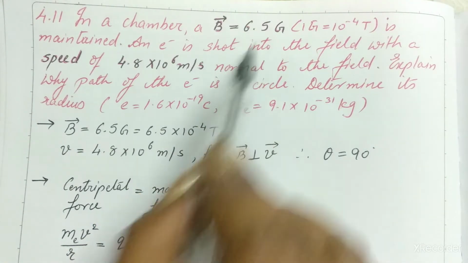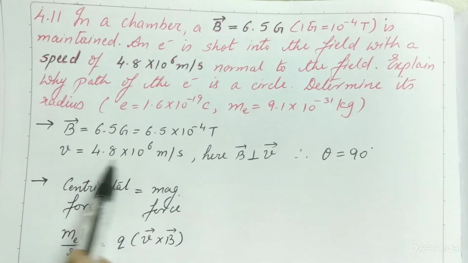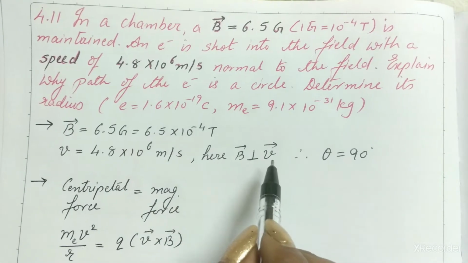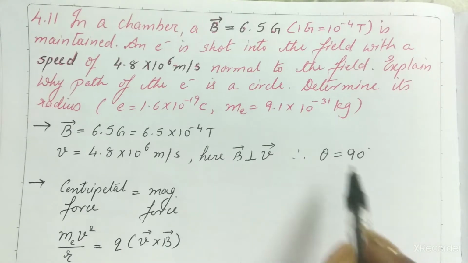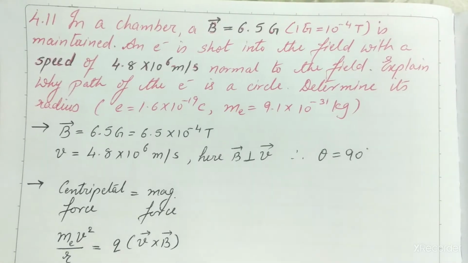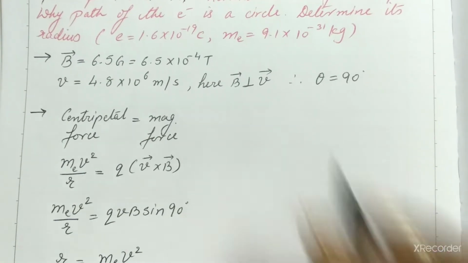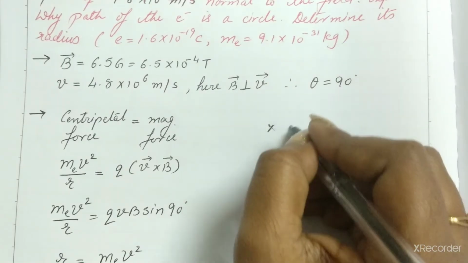So first we'll write the given quantities. This is the magnetic field inside the chamber, and this is the speed with which the electron enters the chamber. And we know that here the magnetic field and velocity of the electron are perpendicular to each other. So we can say that the angle between them is 90 degrees. If I draw the figure for this, suppose the magnetic field is like this, going inside the plane of the page.